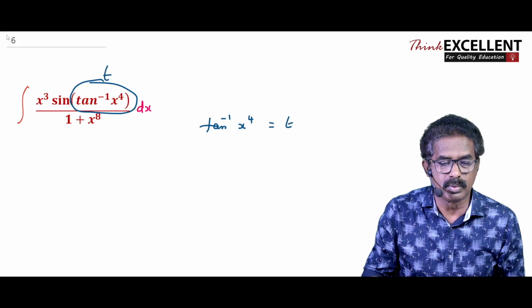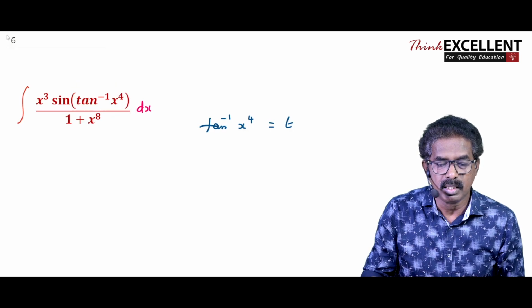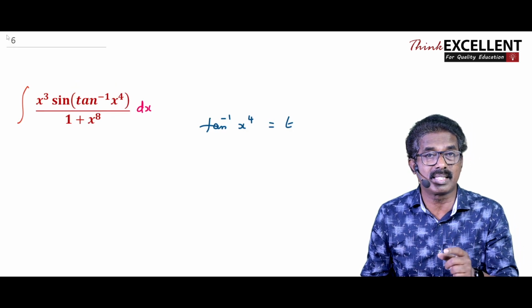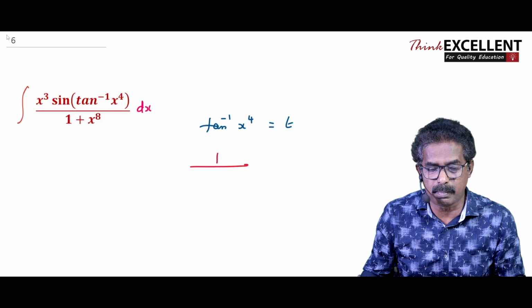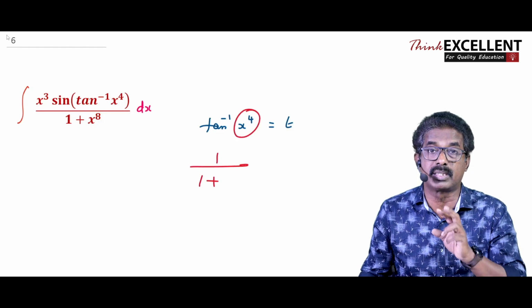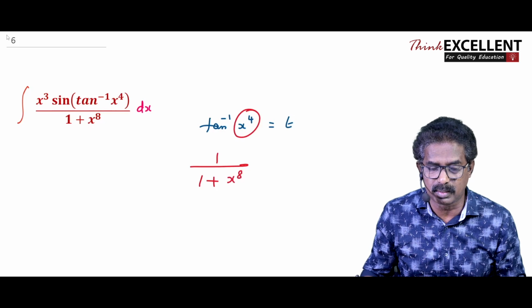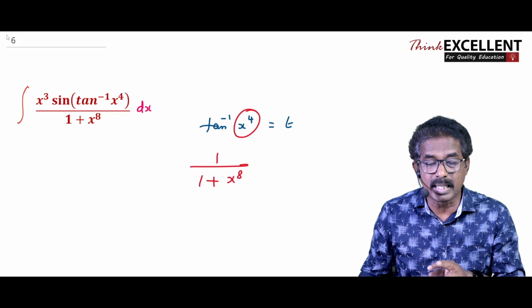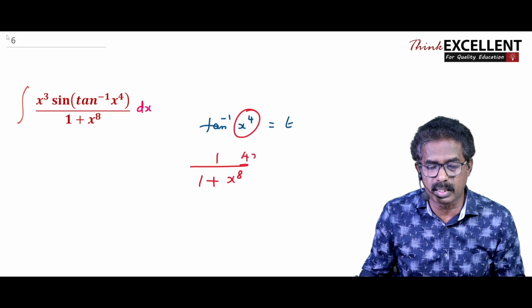Now let us see how to do the remaining. Differentiating tan inverse x raised to 4: derivative of tan inverse is 1 by 1 plus x square, so 1 by 1 plus x raised to 8, and into the derivative of x raised to 4, 4x cube dx equals dt.